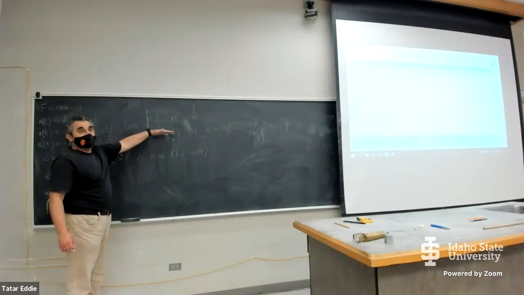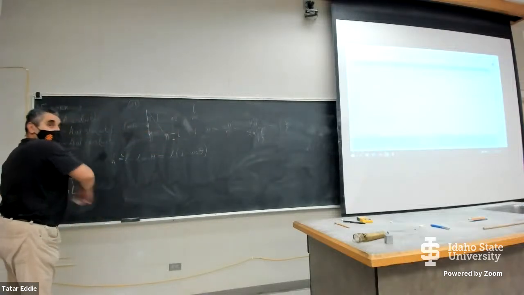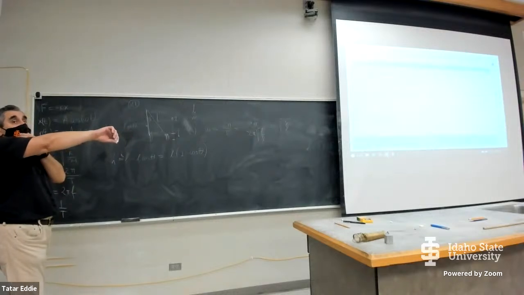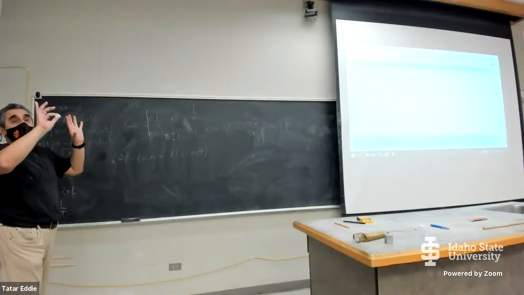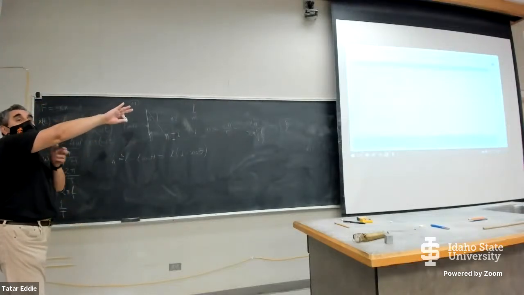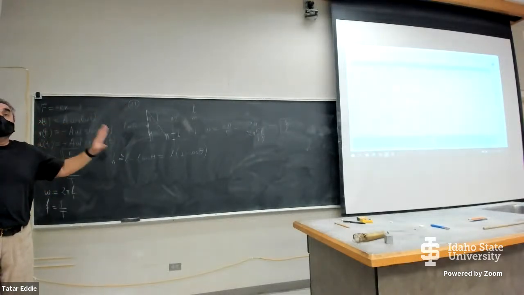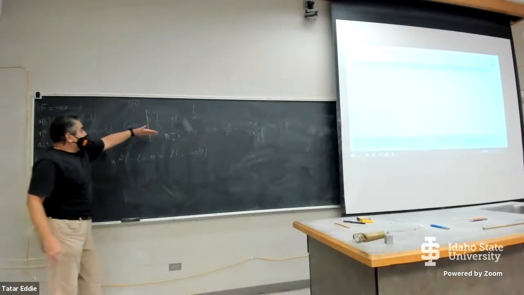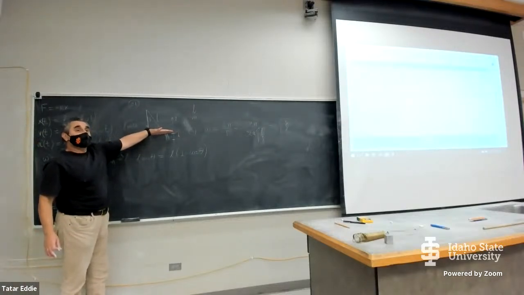At this position, when the pendulum goes back and forth, the speed of the pendulum is 0. Right? At that position, for one instant, it doesn't move. 0 speed means no kinetic energy. The only energy that this object has is gravitational potential energy.